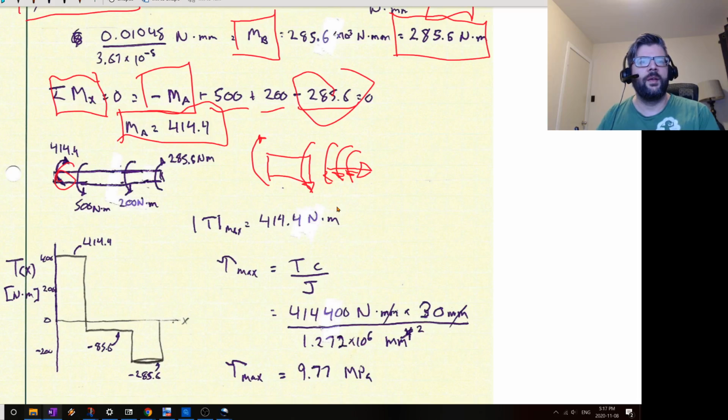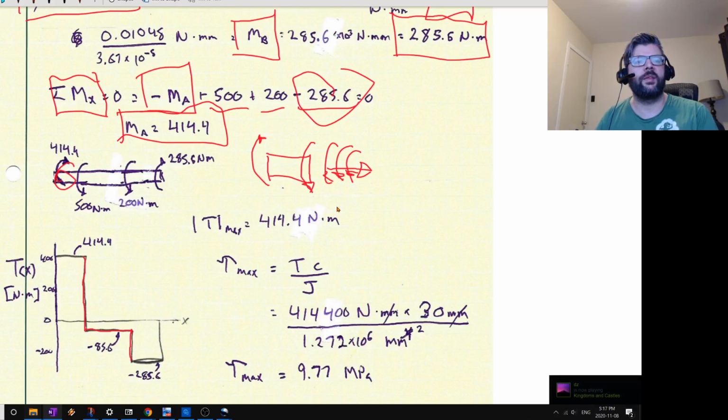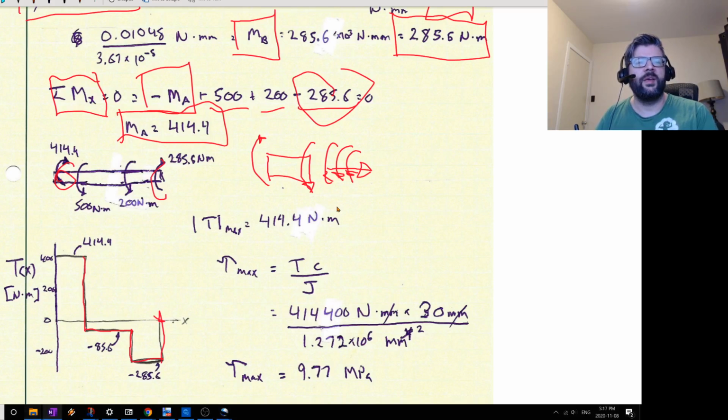Then we hit the 500 here, and that drops us down to negative 85.6. And then we hit the 200 there, and that drops us down to negative 285.6. And then, of course, we hit the end here, and that brings us back up to 0. It's always helpful when the value that we end up at the end allows us to cancel out when our final reaction is applied. It means that we didn't screw up, or at least it means we didn't screw up in a really obvious manner.